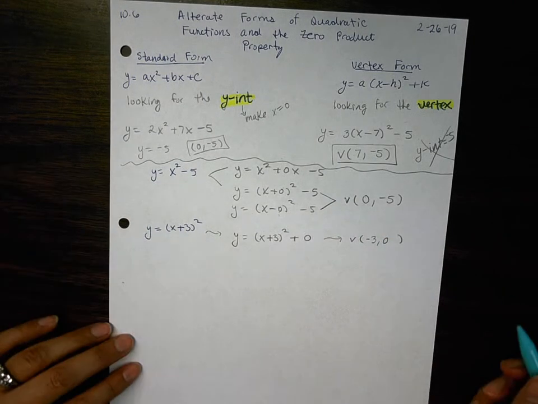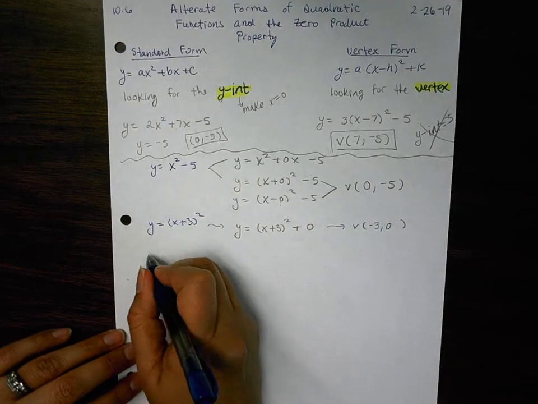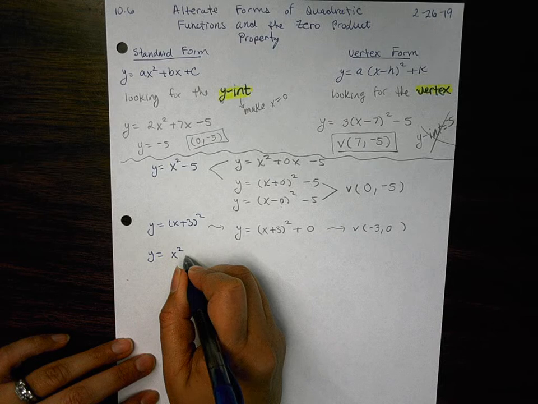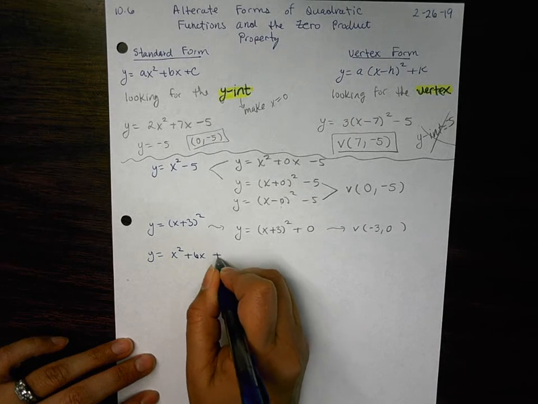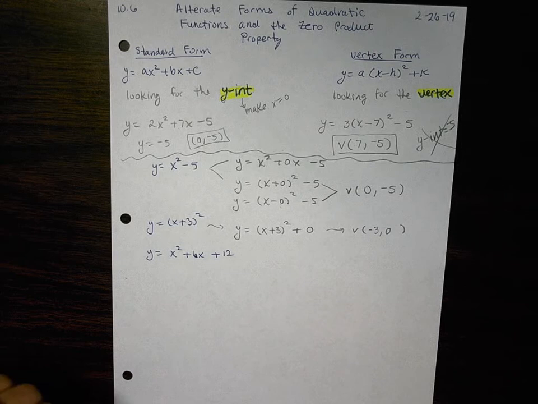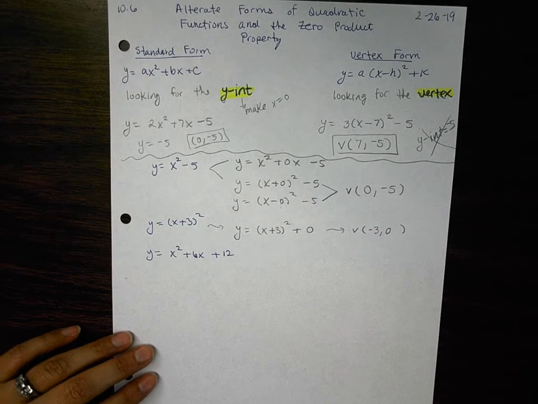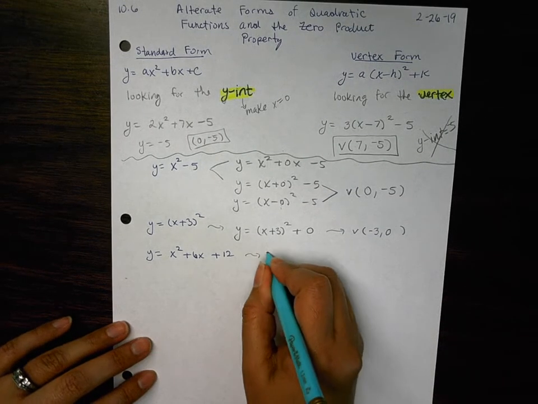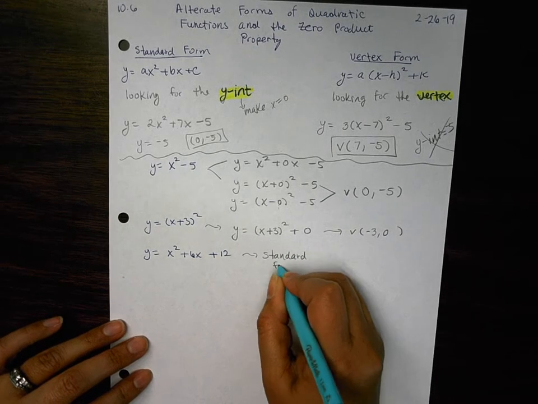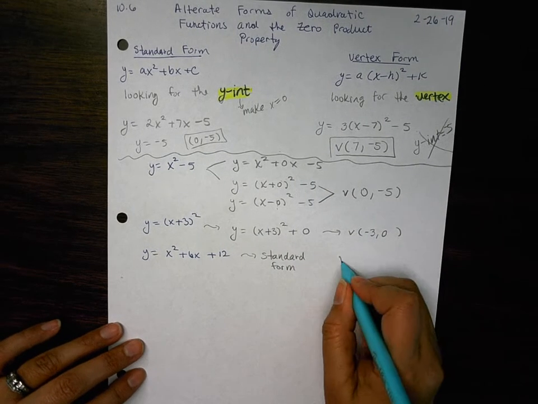Okay, next one, y equals x squared plus 6x plus 12. Which one is this, vertex form or standard form? When I have standard form, can I look at it and find the vertex?